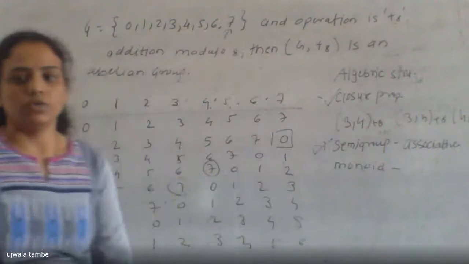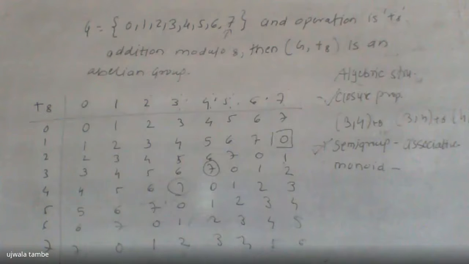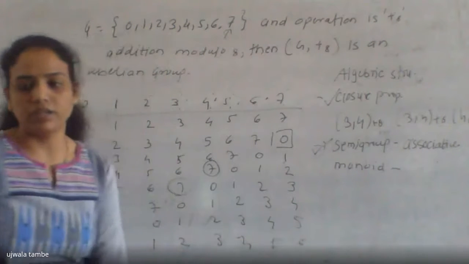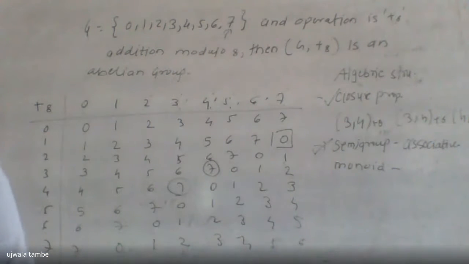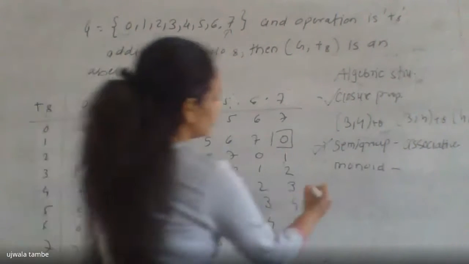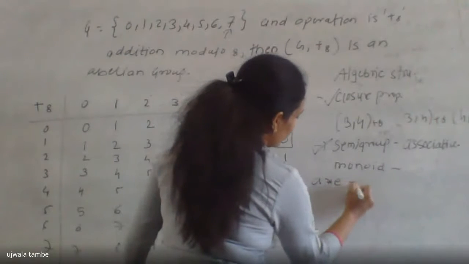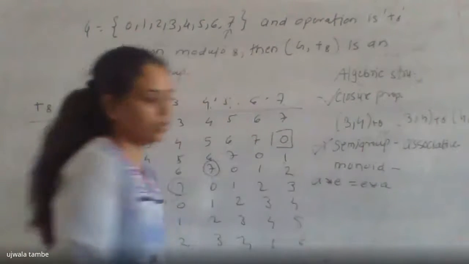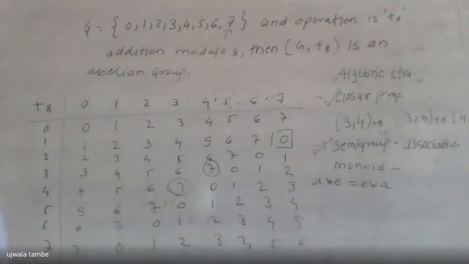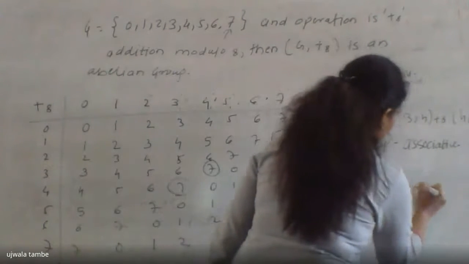So what about the monoid? It should be a semi-group and it satisfies the identity property. So find out whether it gives us the identity element. So what is the identity property? A operation E is equal to E operation A, and it gives us the same number.